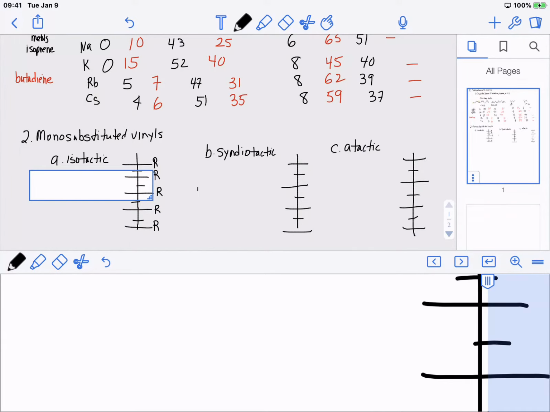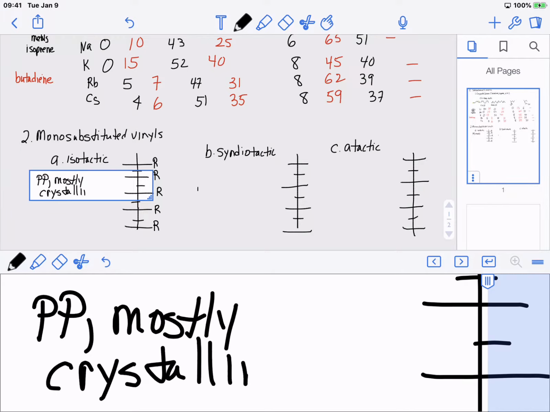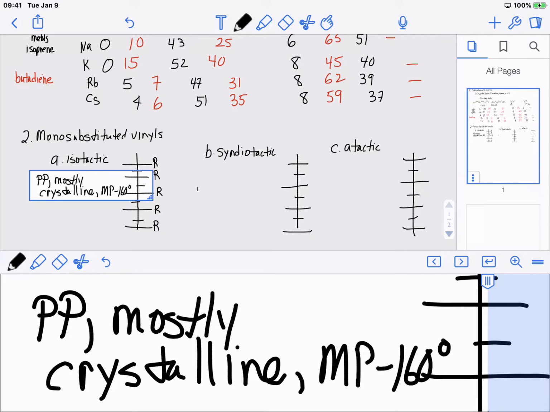And it probably doesn't surprise you that this particular material, if for example it's polypropylene, is mostly crystalline, with a melting point of 160 degrees.